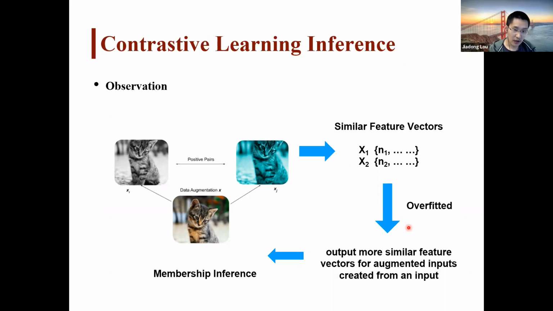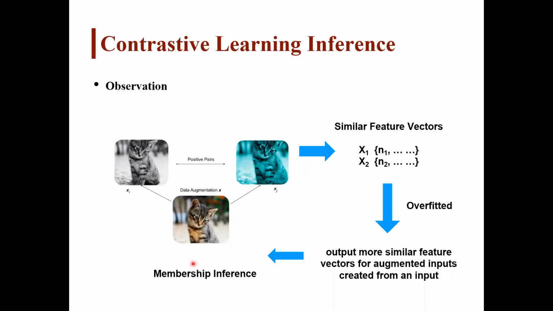If the target encoder is overfitted to its training data set, then maybe it was trained for many iterations, so that the encoder can have really better performance, but it will leak some information: the trained encoder will give more similar feature vectors from the augmented input and the original data.